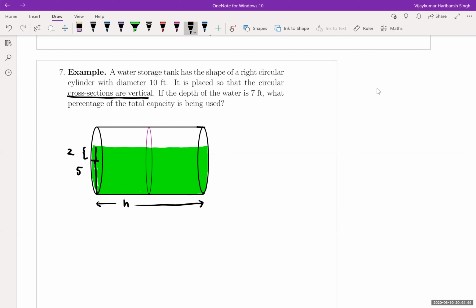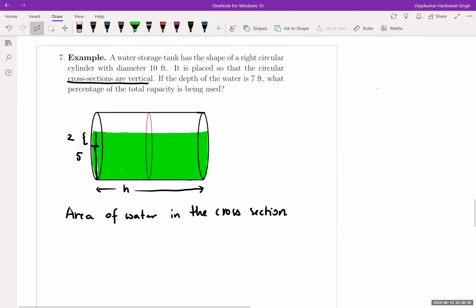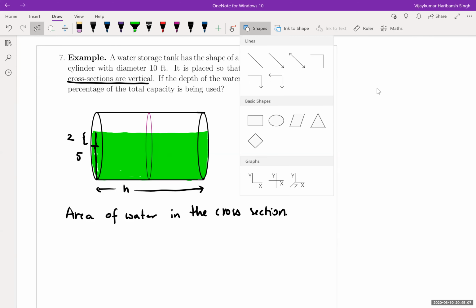So we want to find out how much the water is filled. What we'll do is, for each cross section, we will find out the area of water in the cross section. So how does the cross section look? The cross section is a circle.